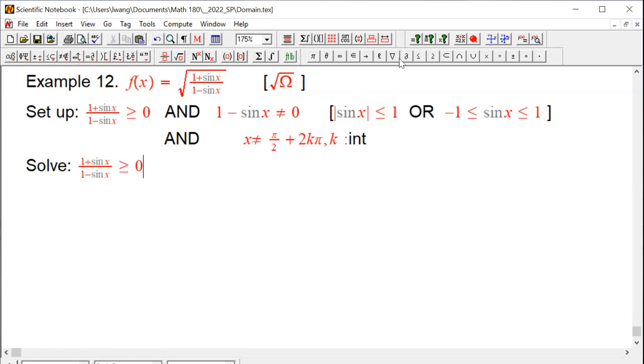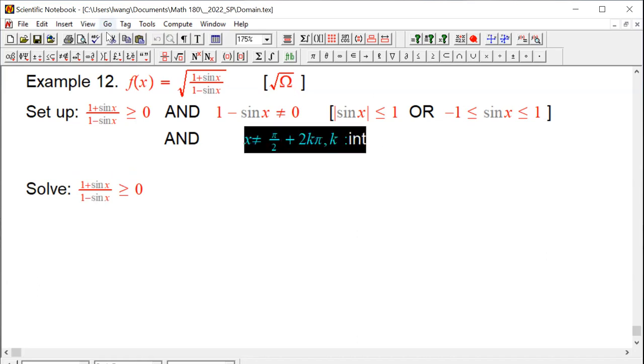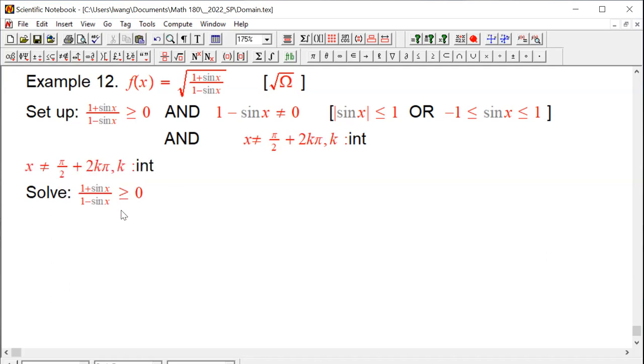We're solving this inequality, with the guarantee the denominator will not be 0, right? So this is guaranteed. And we want this to be solved.